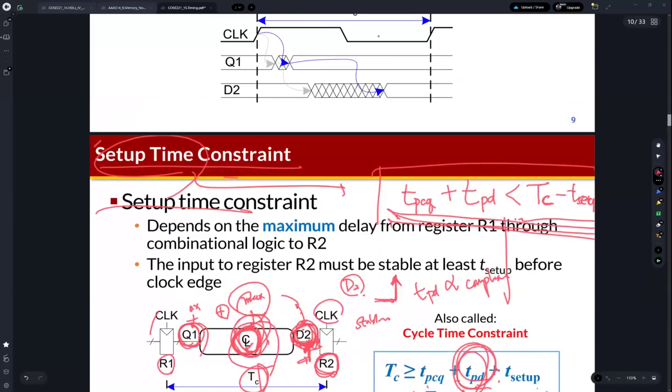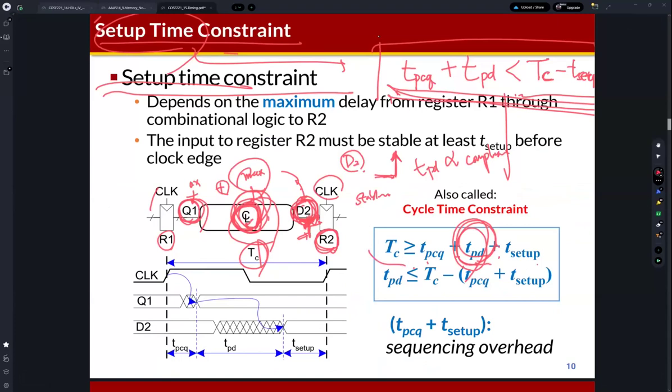So if you see the equation of the setup time constraint, you can find the clock period. The setup time constraint determines the clock period of the system.